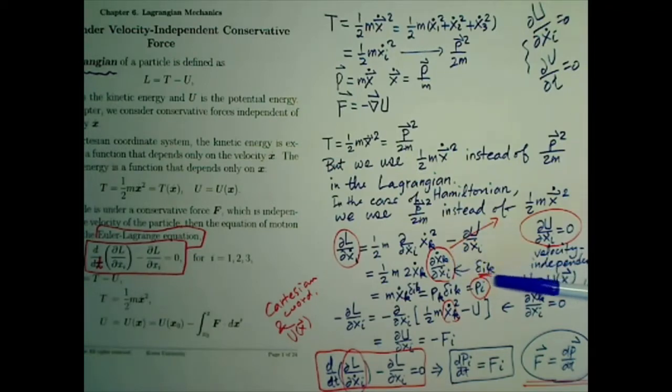So we have 1/2 times 2, which cancels, to give m xk dot delta ik.